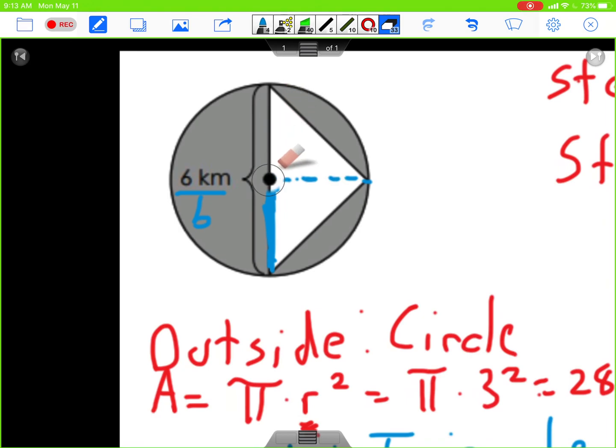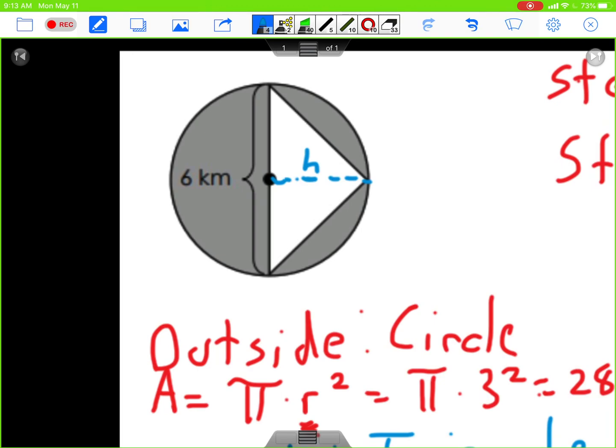Okay, so let's erase this base real quick so we could only focus on the height line. Our height, like we said, is this dotted line here. This dotted line goes from the middle of the circle to the outside of the circle.